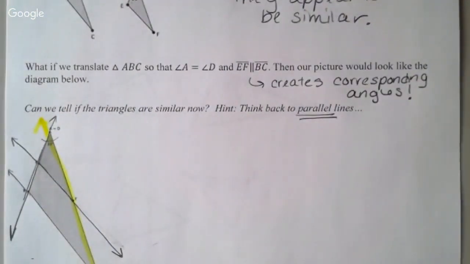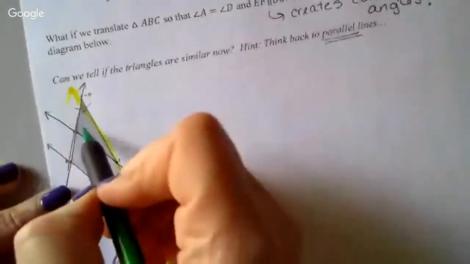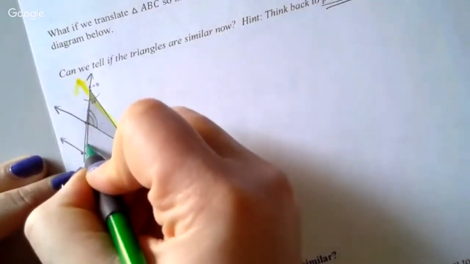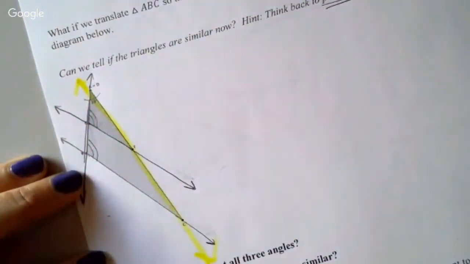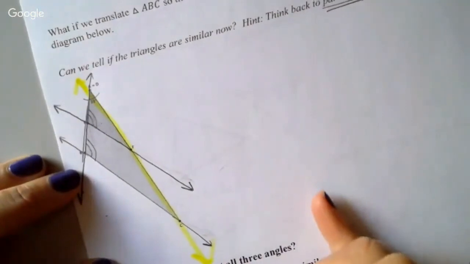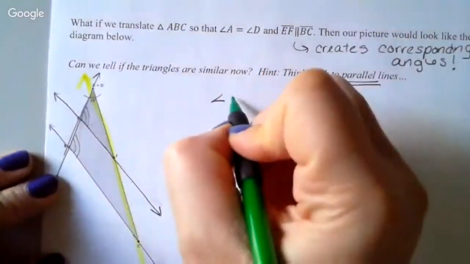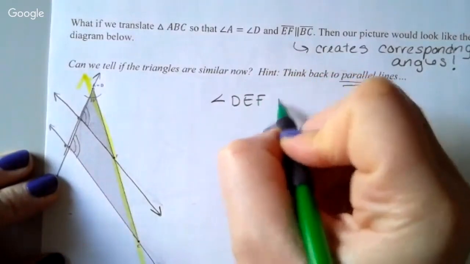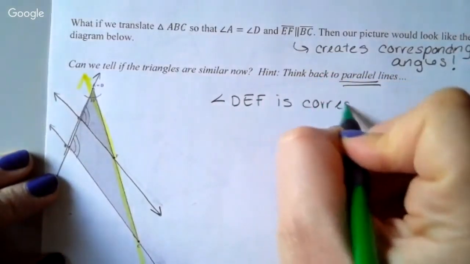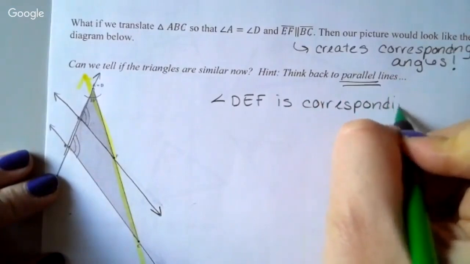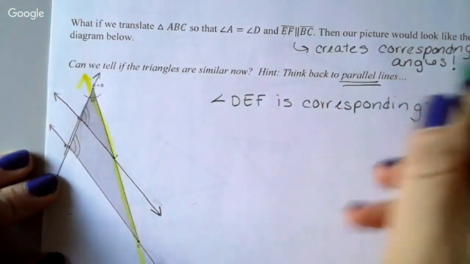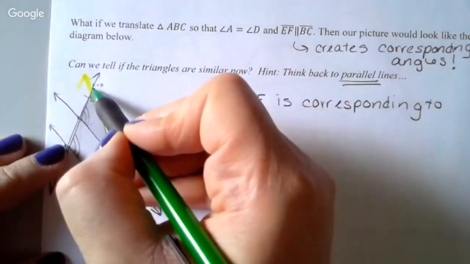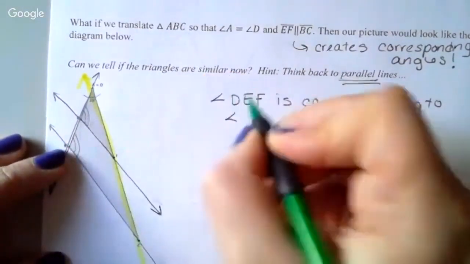Okay, so the first thing I'm going to notice here is that this angle right here would now be congruent to this angle right here because they are corresponding angles. So angle DEF is corresponding to angle ABC.